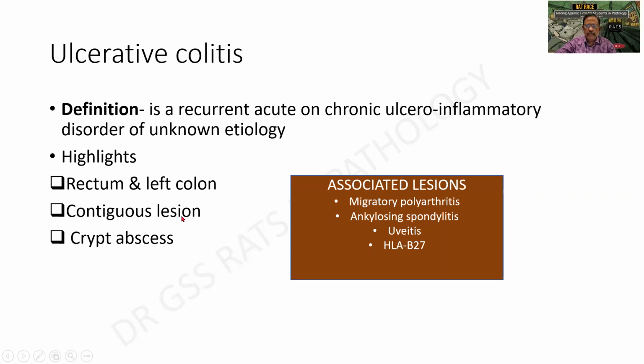There are no skip lesions in this. Crypt abscess is classical. As mentioned earlier, the inflammatory bowel diseases are associated with other disorders such as migratory polyarthritis, ankylosing spondylitis, uveitis, and HLA-B27, human leukocyte antigen.